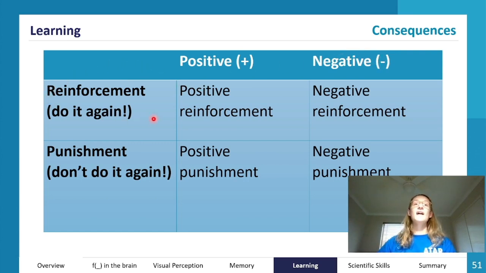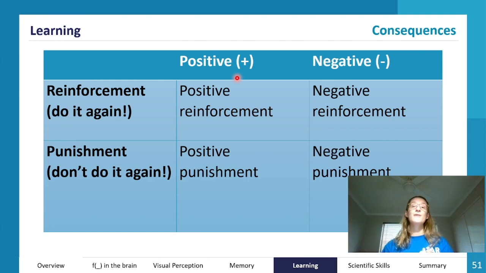So thinking back now to, let's look at positive reinforcement. So reinforcement, we want to increase the likelihood of a behavior. Yes, do it again, that is a good thing. So positive reinforcement, we're thinking, what could we add to reinforce a behavior? Well, a positive reinforcer would be something like a reward that strengthens the response by providing a pleasant or satisfying consequence.